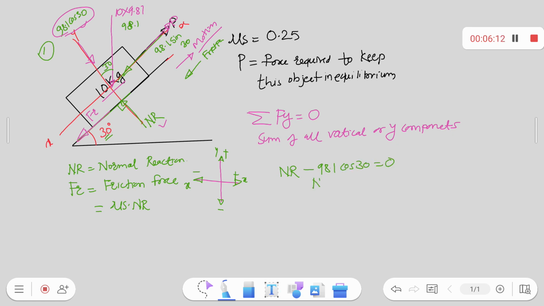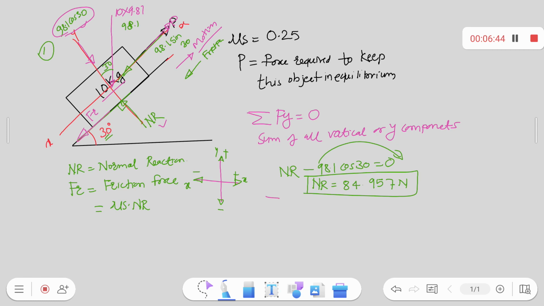So NR is 98.1 cos 30, which is 84.957 N.